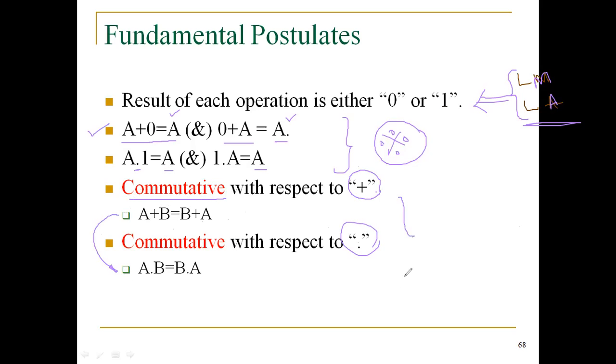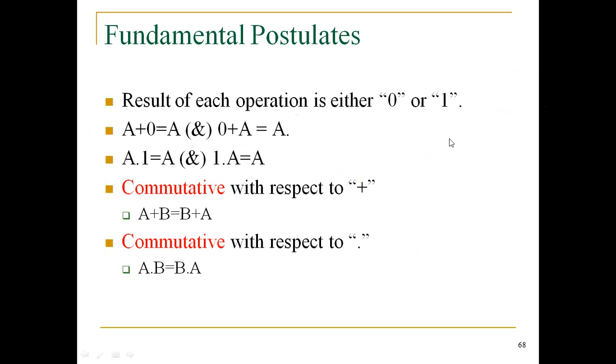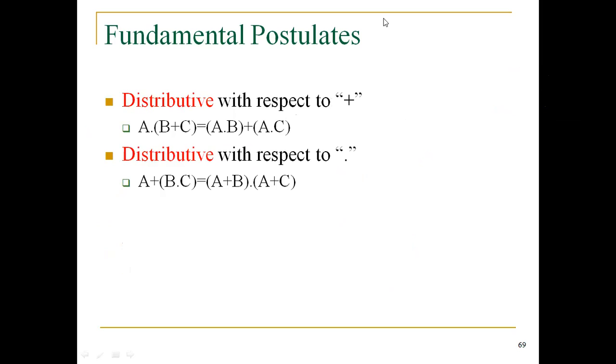These are all the fundamental postulates. We can prove this by using truth tables in the forthcoming slides. Another postulate with respect to the plus operator is the distributive postulate.